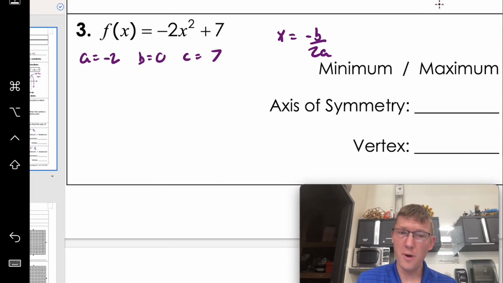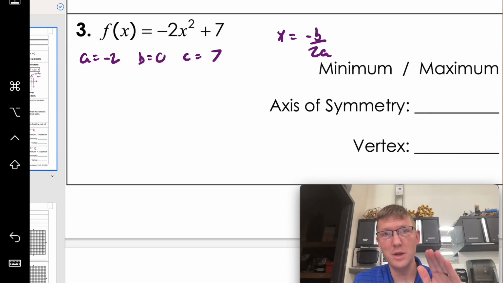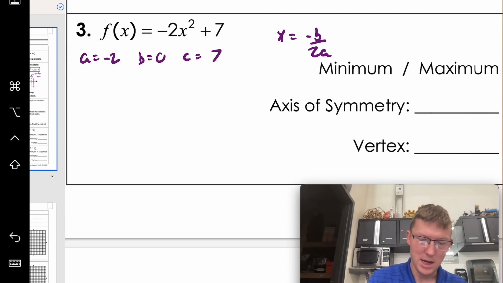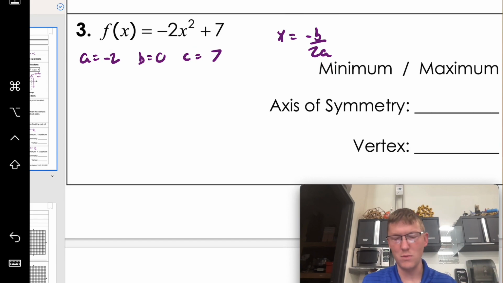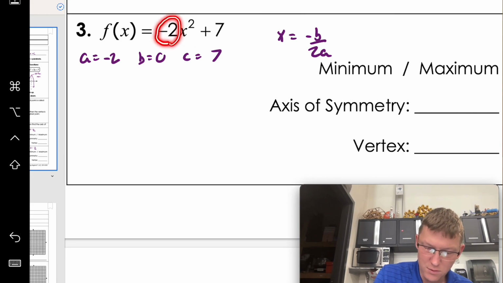All right, a little bit more practice here. The important concept here is being able to figure out which one is your A, your B, and your C. So make sure that you can do that. The rest of it, you just plug this in there, and then we just do some math, I guess. Anyway, so in this case, our A is going to be -2. Our B is non-existent.